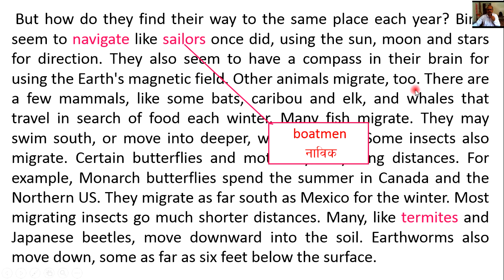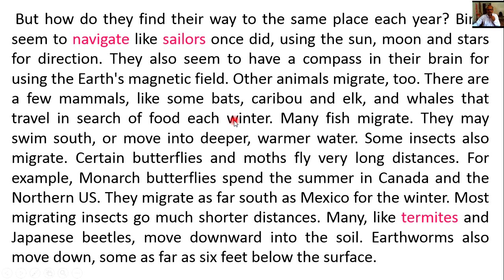Other animals migrate too. There are a few mammals, like some bats, caribou, elk and whales, that travel in search of food each winter. Many fish migrate. They may swim south or move into deeper, warmer water.